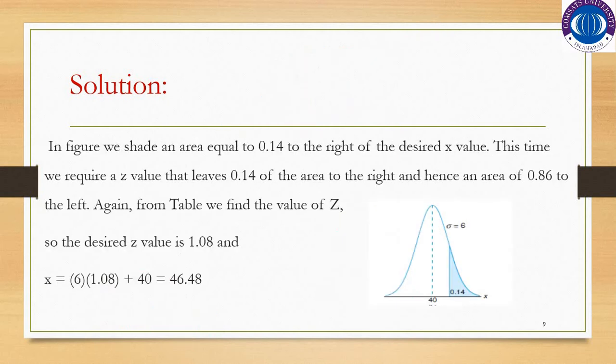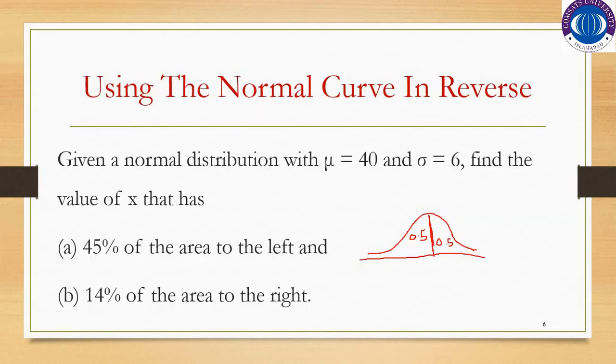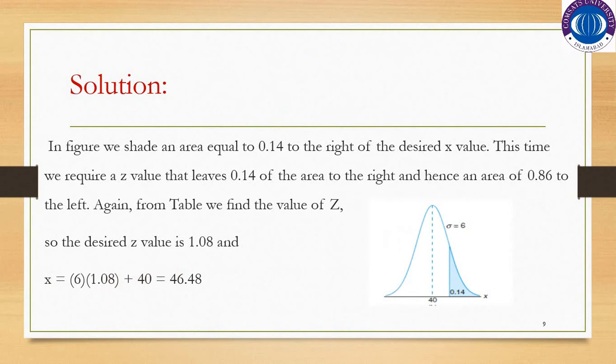In part B, they are saying to find the value of x that has 14% of the area to the right. If we draw it manually, 14% of the area to the right, this one is the right side, and this total area is 0.5, as we all know, and they are saying that x is some value that at its right is 14% of the area.